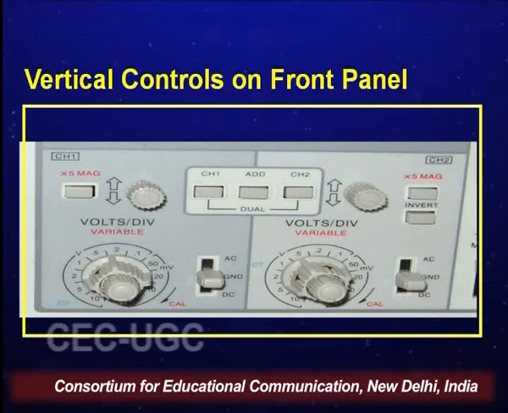Okay. In order to view the waveform, any input signal has to be fed to the Y plates of a CRO. In this case, we have 2 channels, channel 1 and channel 2. So at a given point of time, we can see 2 different signals. Why are 2 channels important?